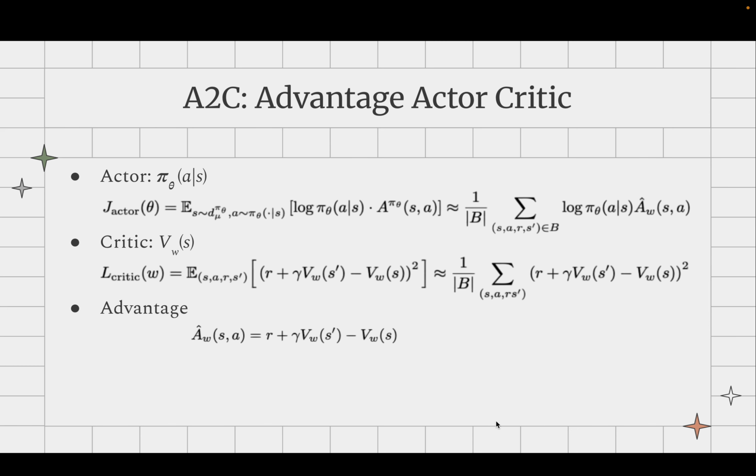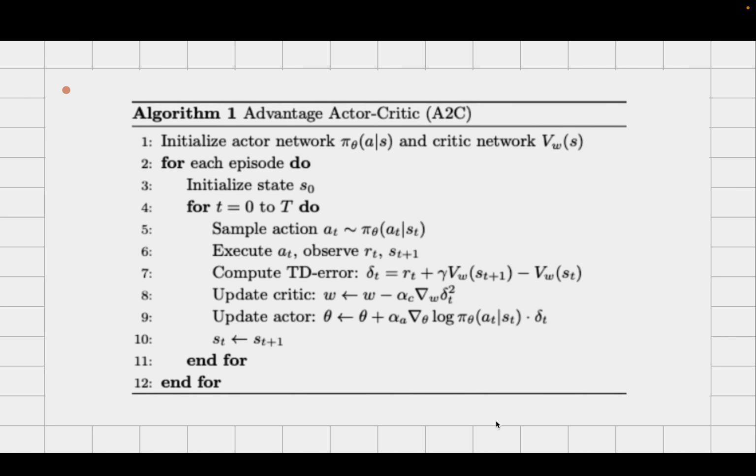And the advantage is how you quantify how much better an action is compared to the average. This method enables more stable updates and supports learning in continuous action environments like Pendulum. And this is the pseudocode that you may need to follow.